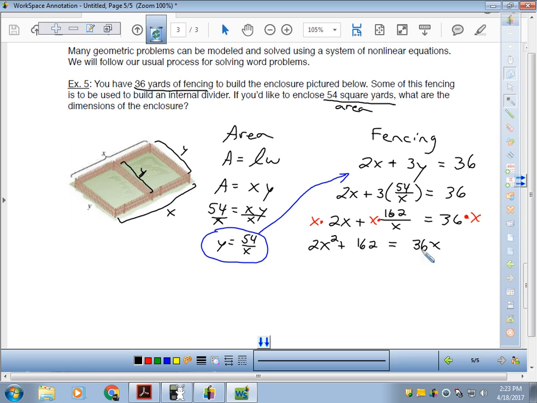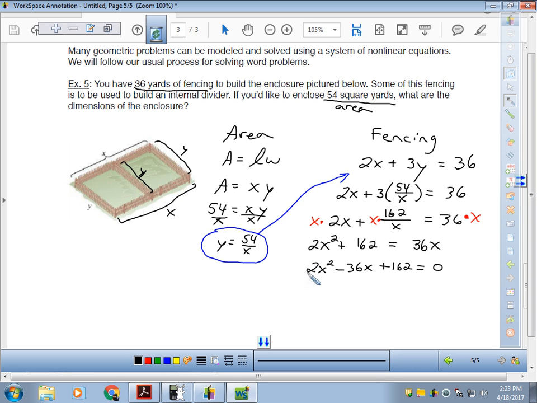Now, because I do have x squared and x's, I want my equation to equal 0, so I can either factor or use the quadratic formula. I'm going to move the 36x over, so I'll end up with 2x squared minus 36x plus 162 equals 0.